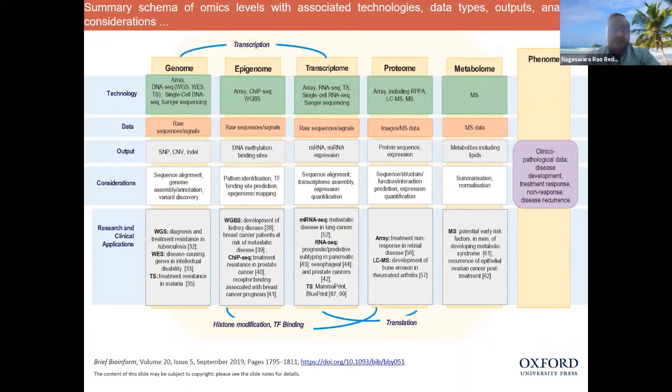Now, what is the actual output? When you do all these things, you try to identify single nucleotide polymorphisms, SNPs, that is, which single nucleotide changes between different persons and gives a variation, or single nucleotide variants, SNVs.